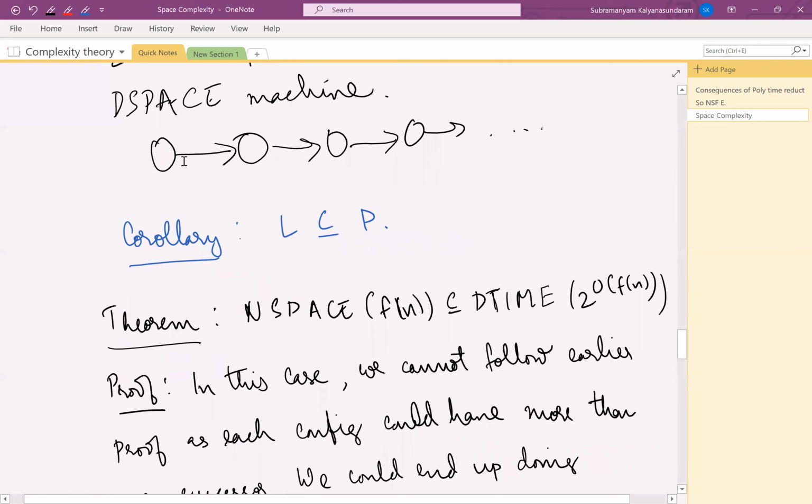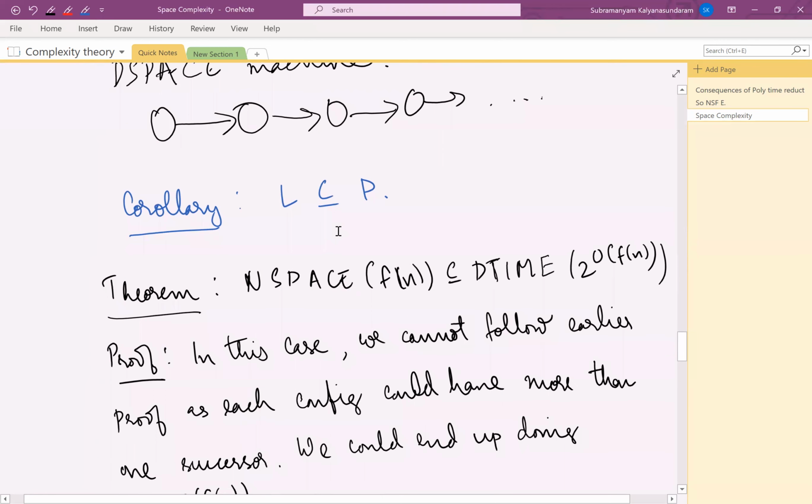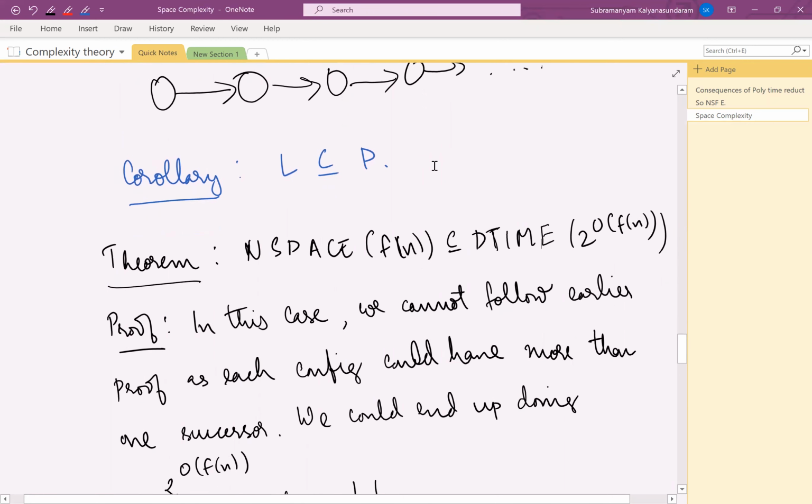So where did we use the fact that this machine is deterministic? The fact that every configuration has a unique successor. So we cannot follow this proof because every configuration does not have a unique successor, right?